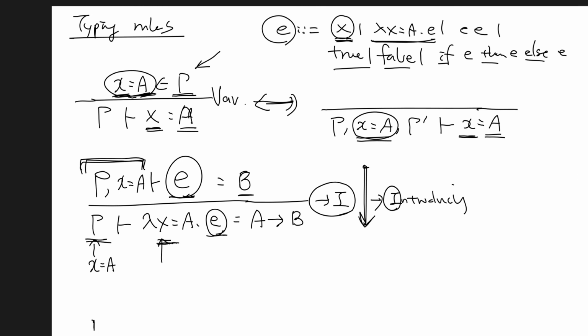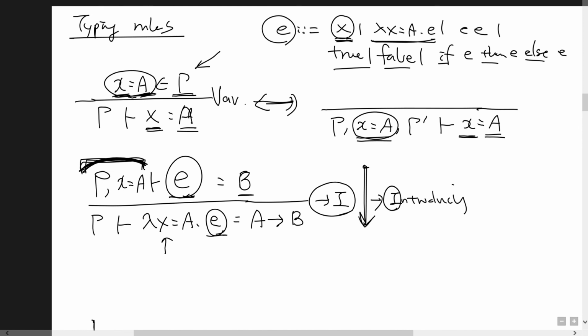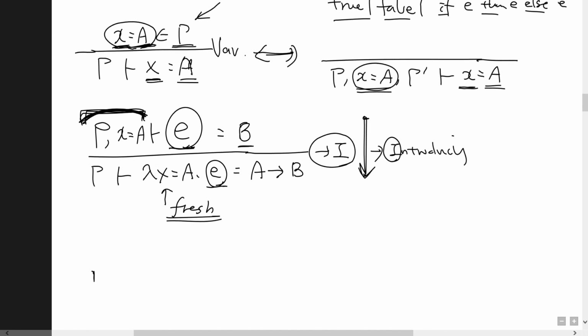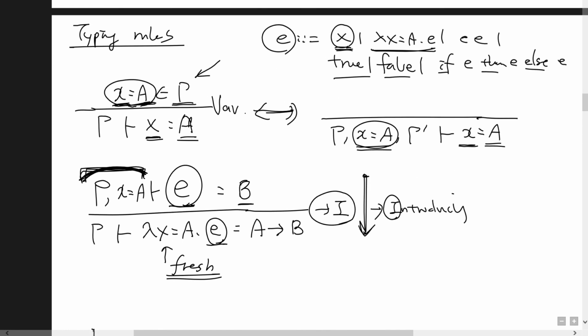So it's safe to say that all variables inside this typing context are different. So in other words, you can simply assume that this variable x is completely fresh. So this case is gone.